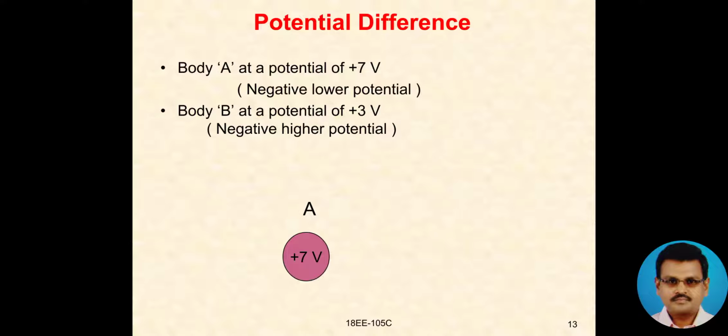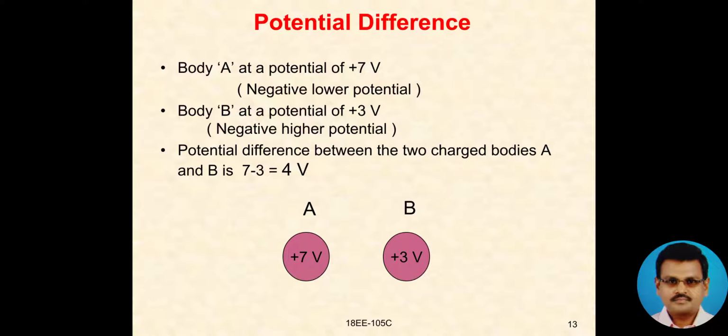Body B at a potential of plus 3 volt is positively less than 7, but negatively it is higher potential. Negative higher potential. Potential difference between the two charged bodies A and B is 7 minus 3, that is 4 volt.